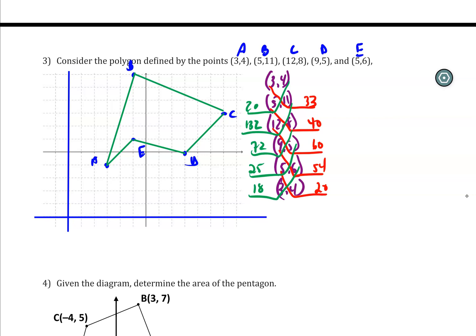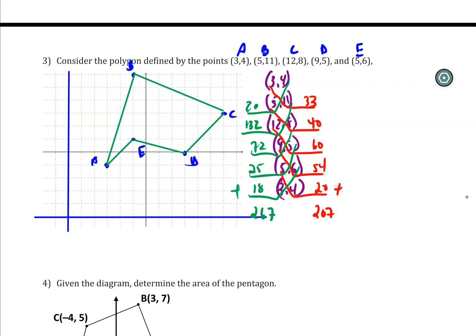All right, so let's total these up. For each of these columns, let's get a total here. We've got 20, 132, 72, 25, and 18, which gives me a grand total of 267. And we've got 33, 40, 60, 54, and 20. That's going to give me a grand total of 207.